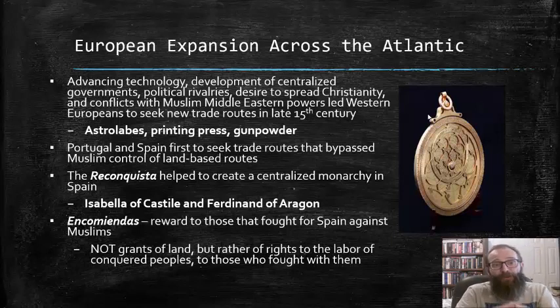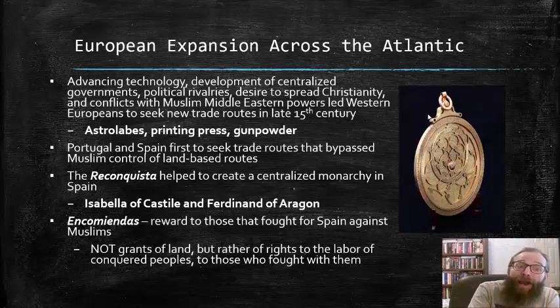Now, Portugal and Spain were the first to seek trade routes that bypassed the Muslim control of the land-based routes that had previously dominated global trade, especially the trade between Europe and Asia. And the Reconquista helped to create a centralized monarchy in Spain.